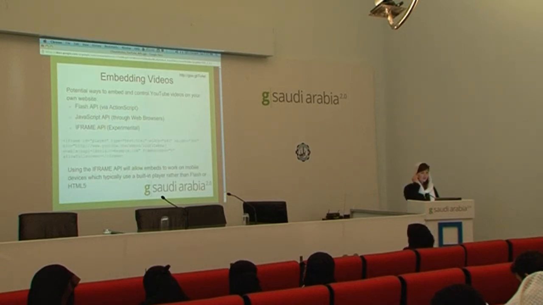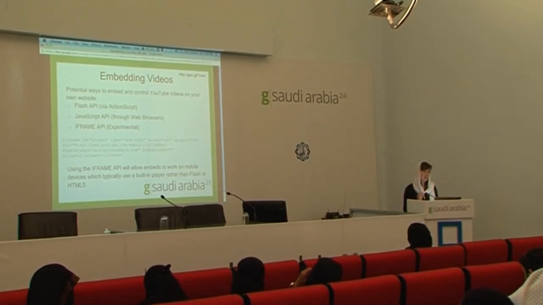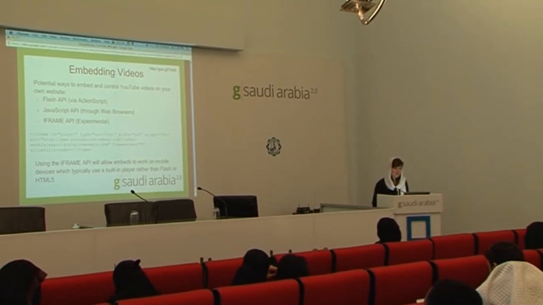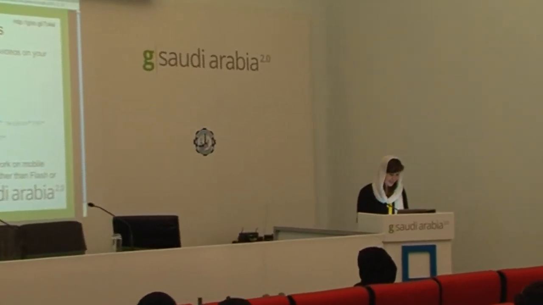So if we talk a little bit more about embedding videos on your website, there are several ways to embed a video. We saw earlier that you can use the player API to embed the video with the different controls that YouTube has, or you can customize it and remove all the controls and just add your own buttons if you don't like the design of YouTube buttons, or if it doesn't fit your application or website.